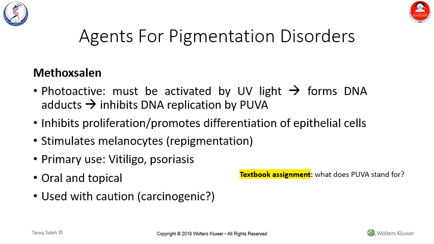Methoxsalen must be activated by ultraviolet light to form a DNA adduct inhibiting DNA replication by a method called PUVA. So patients will be treated with methoxsalen on the lesions that show hypopigmentation, and then they will be exposed to ultraviolet light to activate methoxsalen.